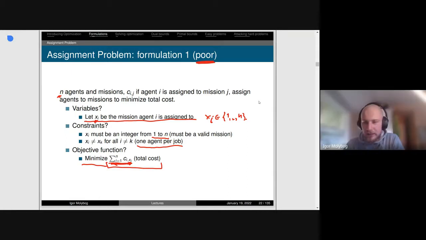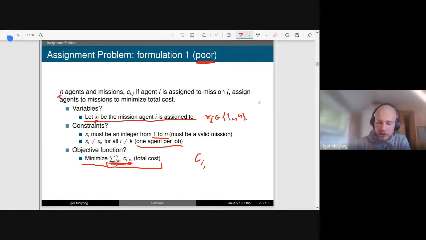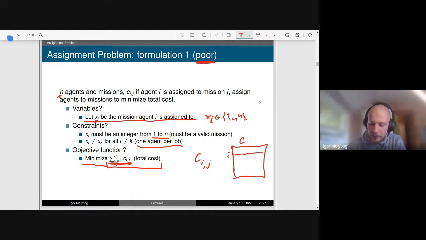Anyone can see. Oh, quick question. For the objective function or the summation, is it solely just summing over ci sub x sub i, or is it meant to be ci times x sub i? So yeah, ci comma j is an element of a matrix C. So we have matrix C, and then we have a row that is called i, and we have a column that is called j, and on the intersection there is a number, right?